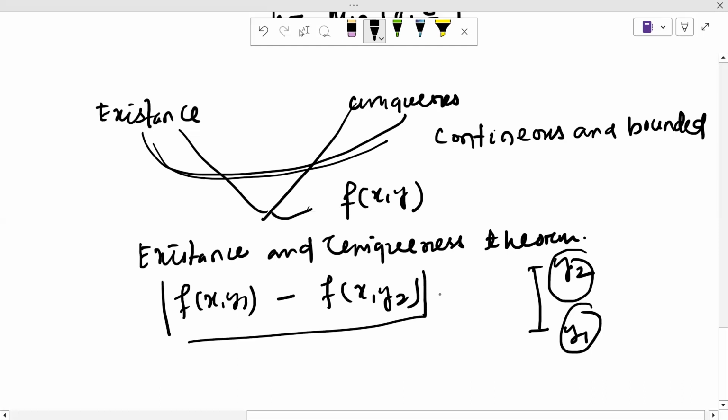That value must satisfy k times modulus of y1 minus y2.